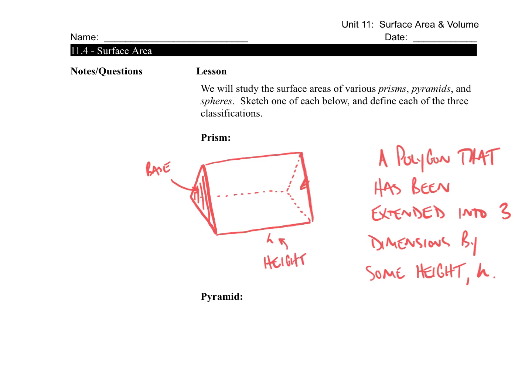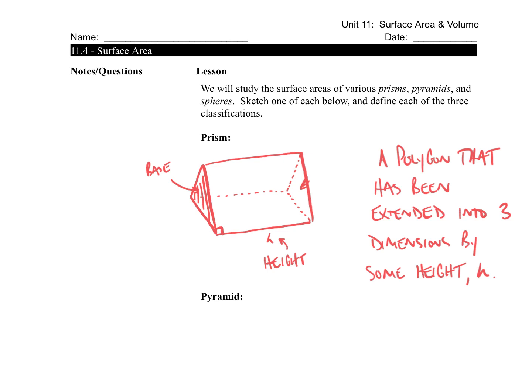Remember, height in the sense for a prism does not have to be vertical. It's not like it has to be straight up, but it is perpendicular to the base. So just like with any other two-dimensional figure, when we talk about height, we're talking about a length that is perpendicular to the base, and we still have that here.